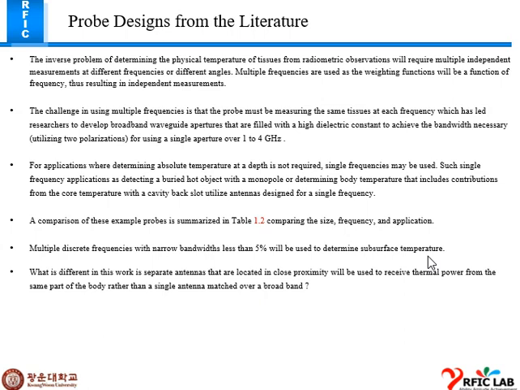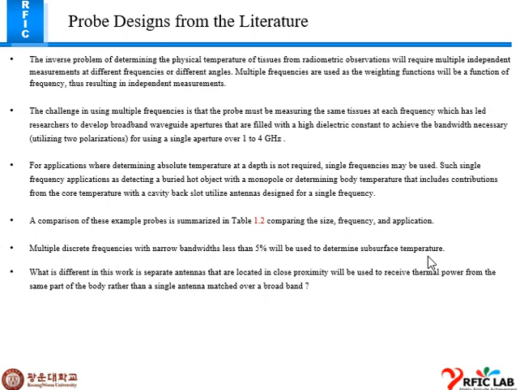Such single frequency applications include detecting a buried hot object with a monopole, or determining the body temperature that includes contribution from core body temperature with a cavity-backed slot antenna designed for a single frequency. The comparison between the probes is size, frequency, and application.